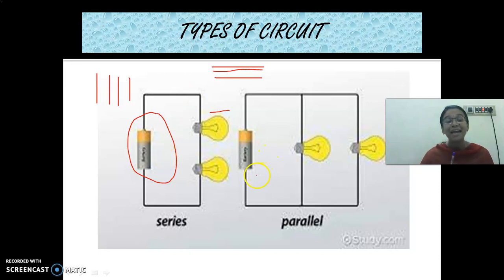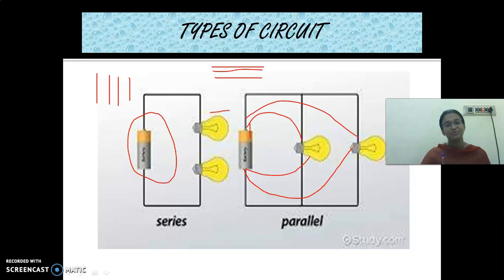And then look at the parallel connection, children. We have two bulbs. Here also we have how many bulbs? Two bulbs. What happens here is the positive end is connected to both bulbs. This positive is connected to one bulb, and this is also connected to the other bulb. And here the negative terminal is connected here, and the negative terminal is also connected to the other end.